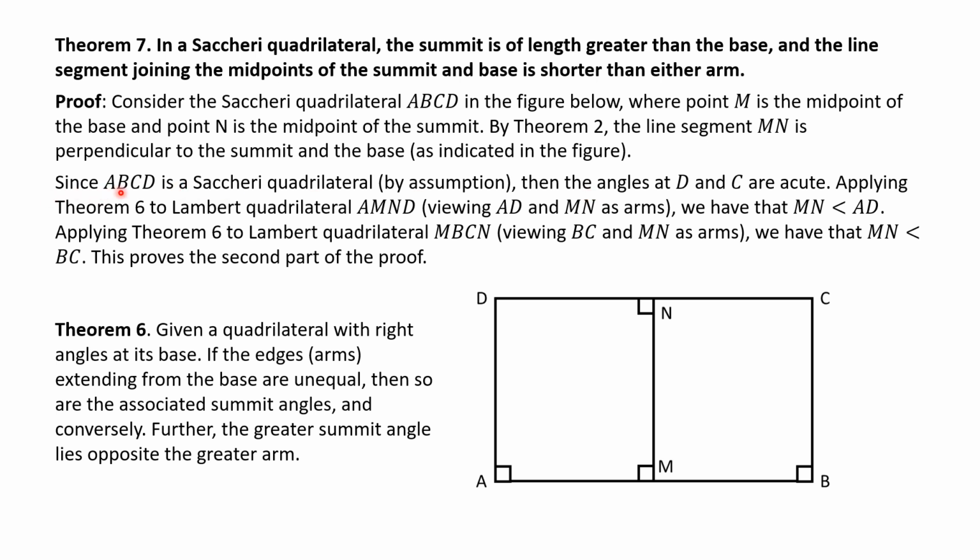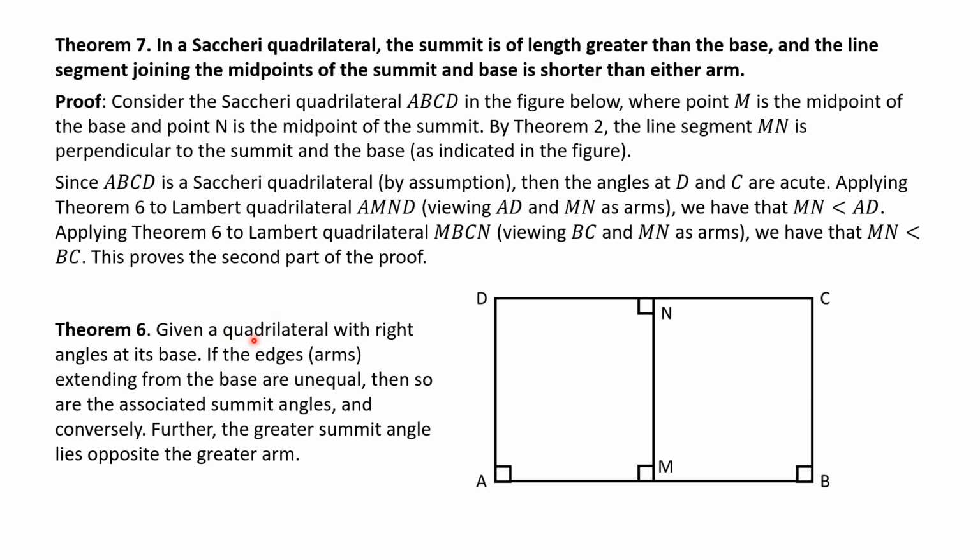First of all we say since ABCD is a Saccheri quadrilateral by assumption, then the angles D and C are acute. We proved that earlier. Then we apply theorem 6 to A, M, and D. And this angle here is bigger than that angle here.